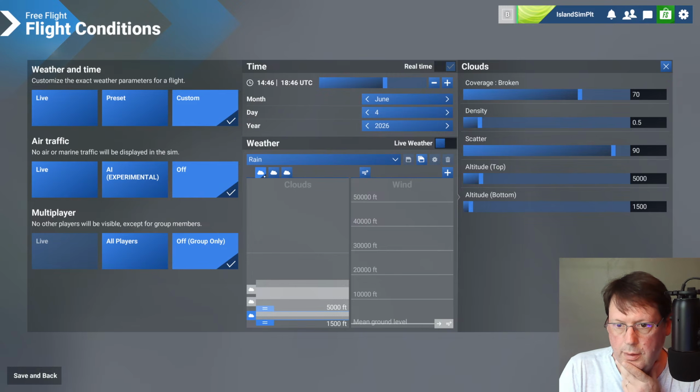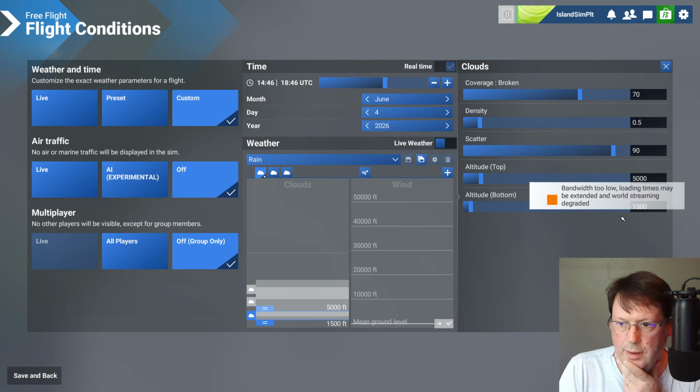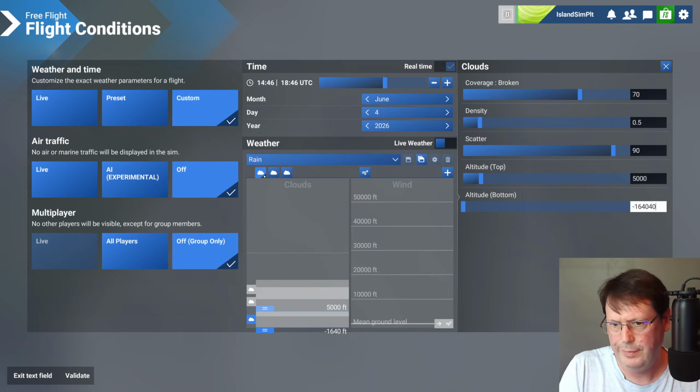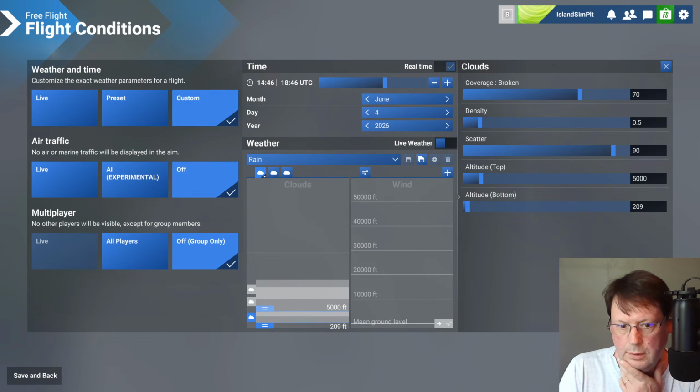Let's make it 400 feet. Nope. Yeah, I want it negative a zillion. Let's make it 400 feet. No, I don't want it 209 feet.